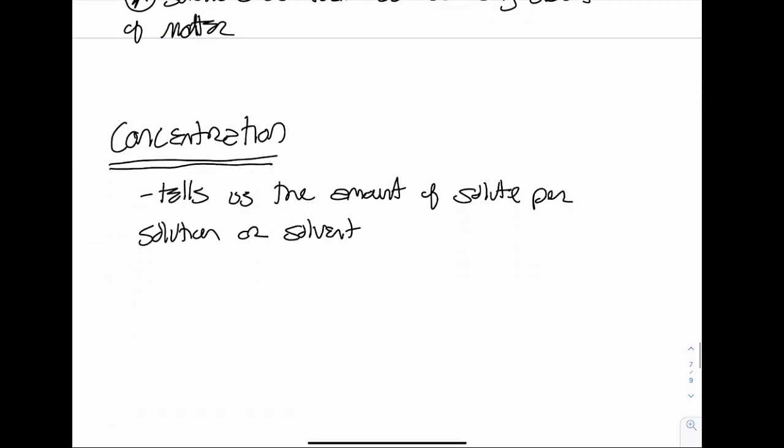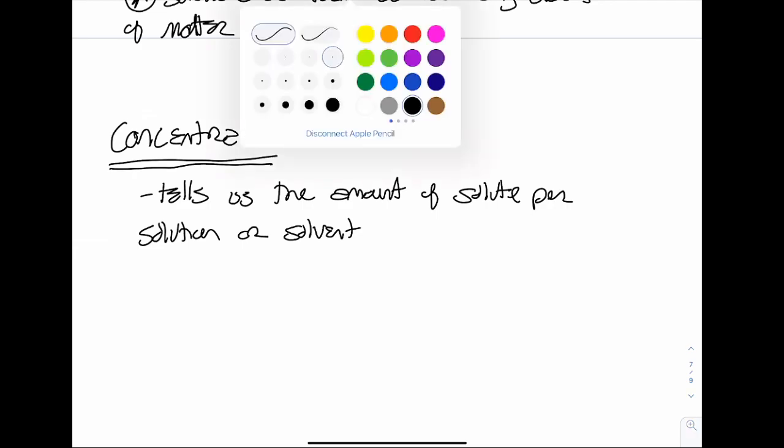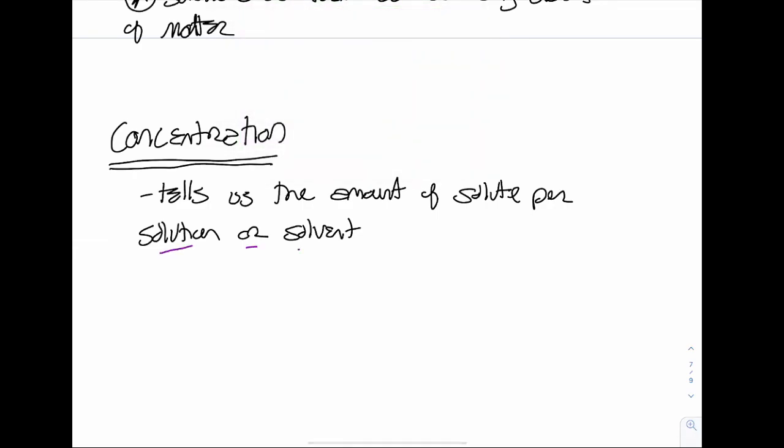Something that's more concentrated is going to have more solute. Something that is less concentrated is going to have less solute. I am saying solution or solvent because it depends what unit of concentration we're talking about. All the ones that we're going to do in this chapter are going to be per solution. Chapter 11 is also on solutions, and in that chapter we're going to have one that's per solvent. So whether it's solute per solution or solute per solvent, it depends what unit of concentration we're talking about.